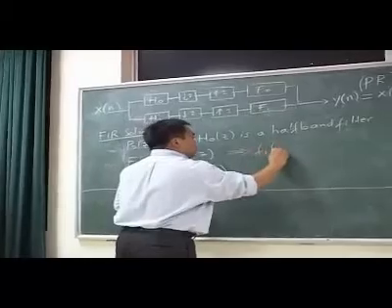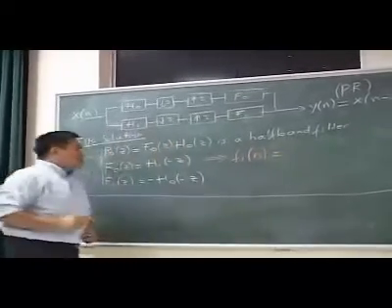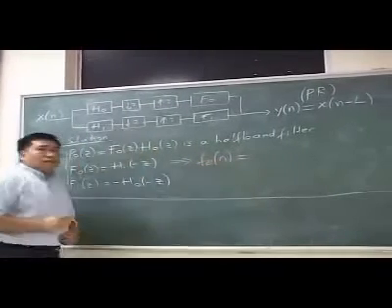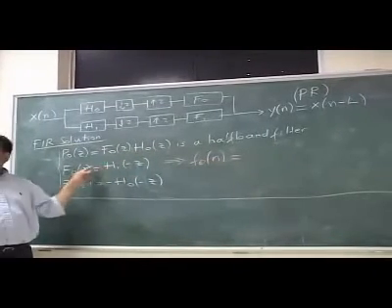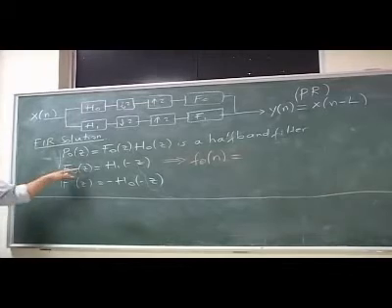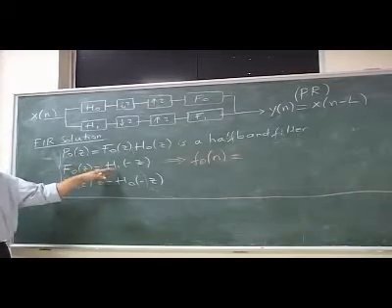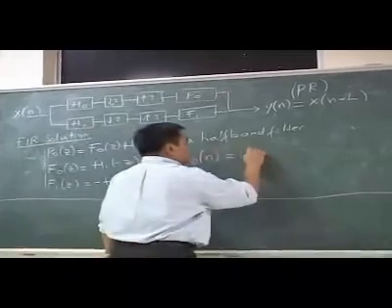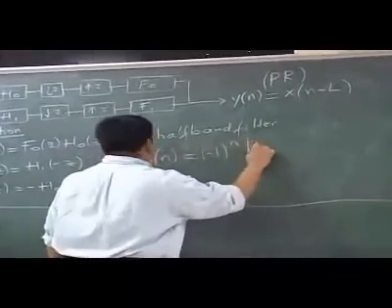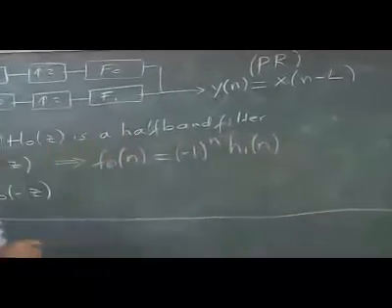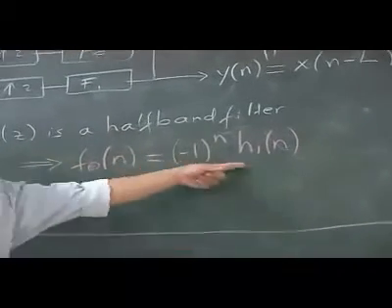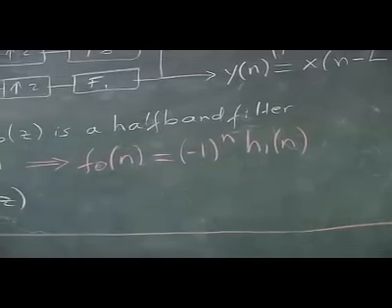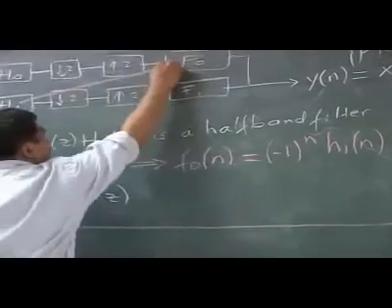What is f1 of n equal to? I'm sorry, f0. This is how we relate it in the frequency or z domain. What is it in the time domain? It is minus 1 to the n h1 of n. So if I know f0, I can find h1, and so on. f0 and h1 are related this way.